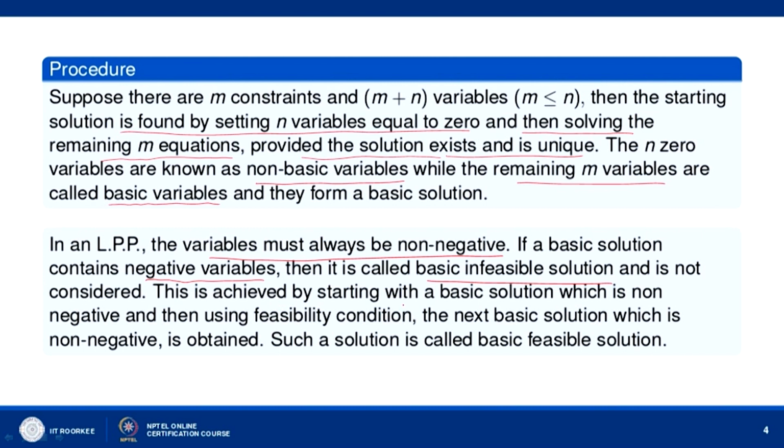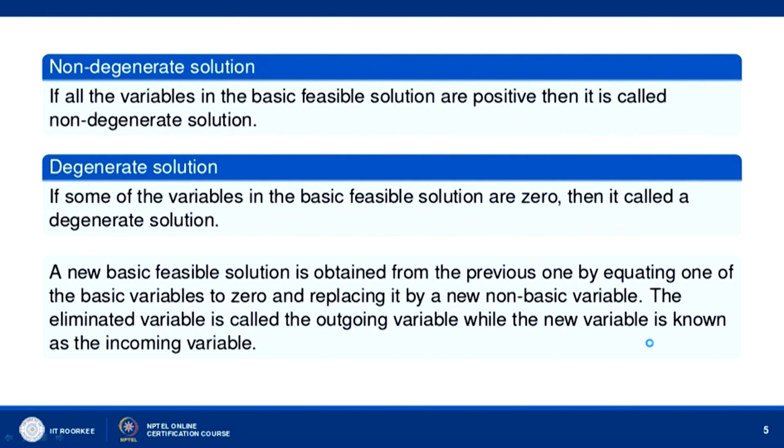To achieve this, we start with a basic solution which is non-negative and then use the feasibility condition to obtain the next basic solution. Such a solution is called a basic feasible solution. If all the variables in the basic feasible solution are positive, then it is called a non-degenerate solution.